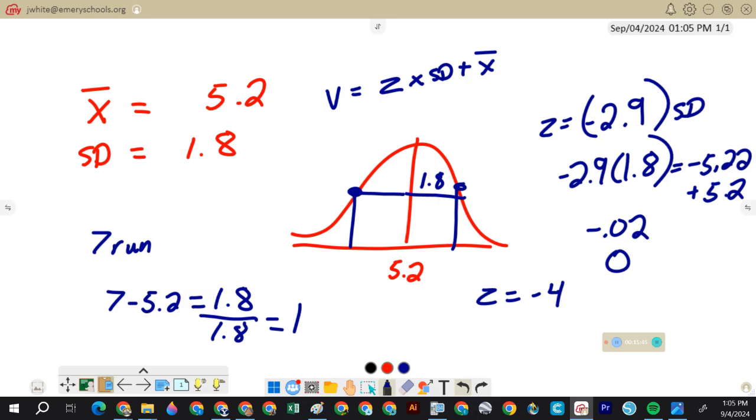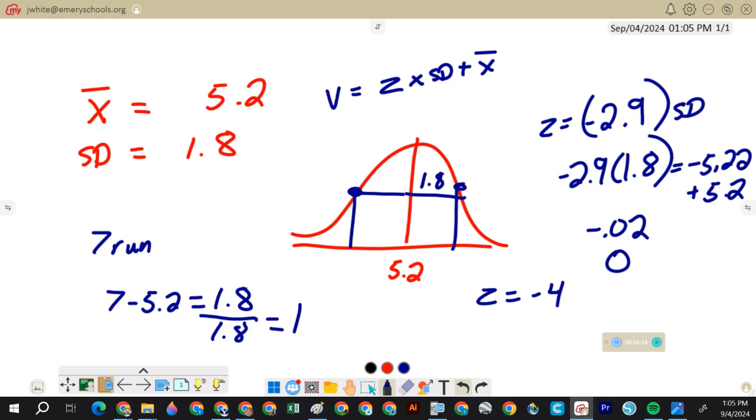Do I need to worry about that in this formula? Should I subtract the average instead of add the average? No. What do scores on the left side of the average have? Negative z-scores. So this formula works for positive z's and negative z's. A negative z-score will subtract from the average, essentially, when you add the average to the negative number.